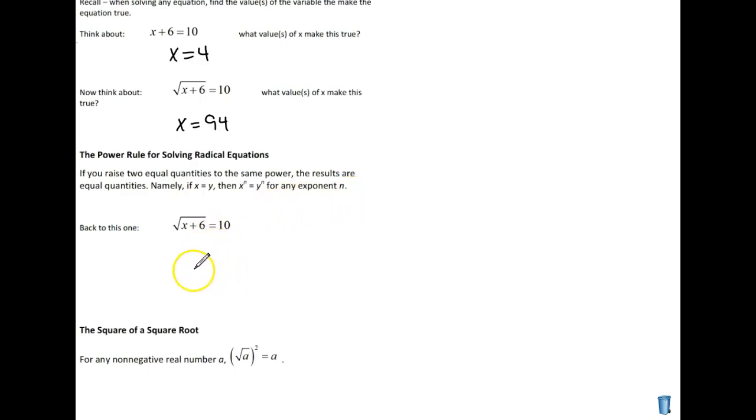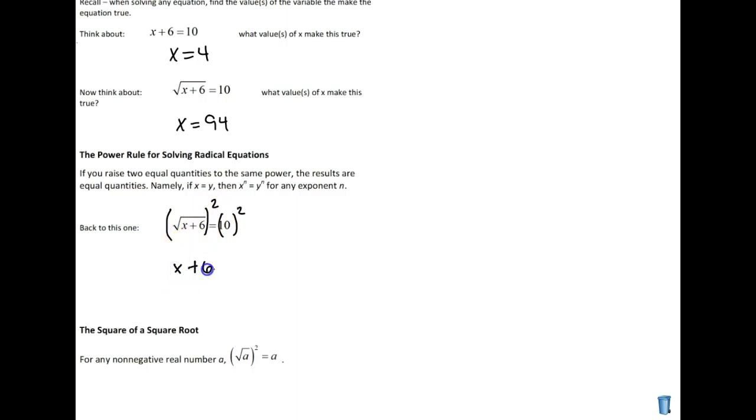If we come back to this problem, we can raise both sides of our equation to the power of 2, and the square root, when I square it, will disappear.